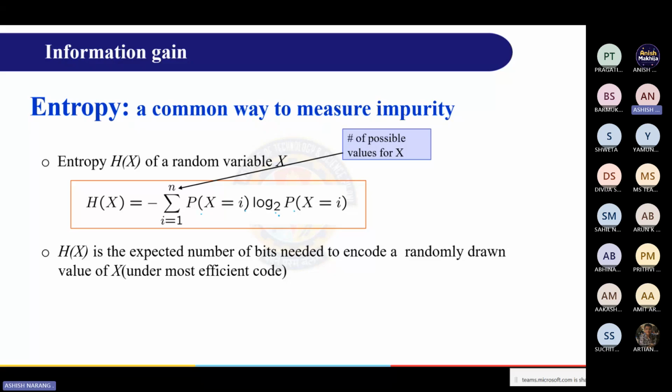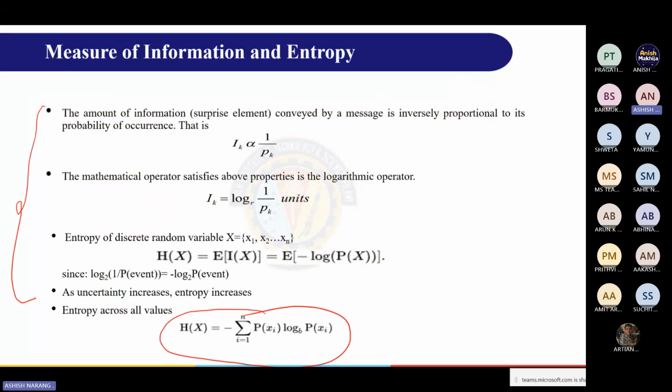Now, the same thing has come up again with that formula. If you look at this formula and the formula which I said, it's the same. This is the way I measure the impurity within the data set.